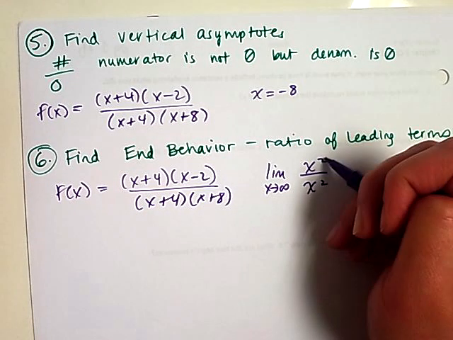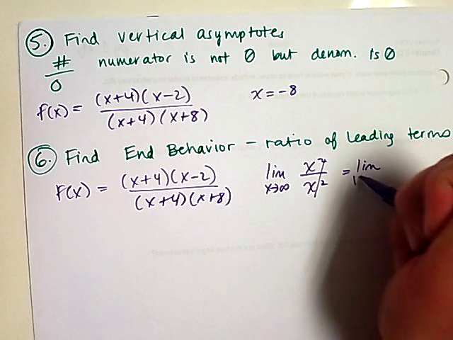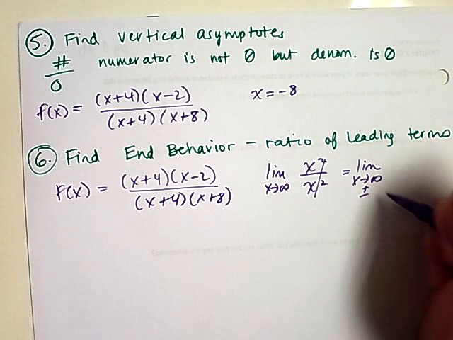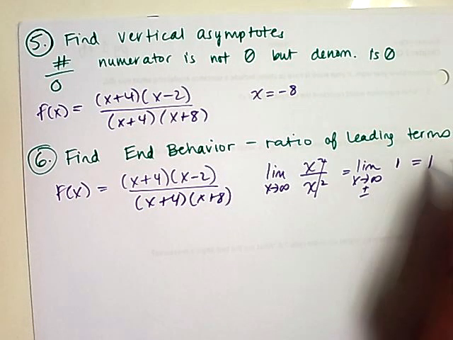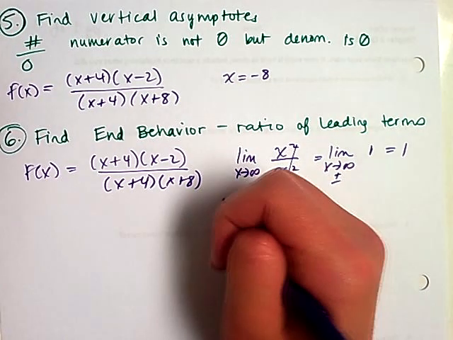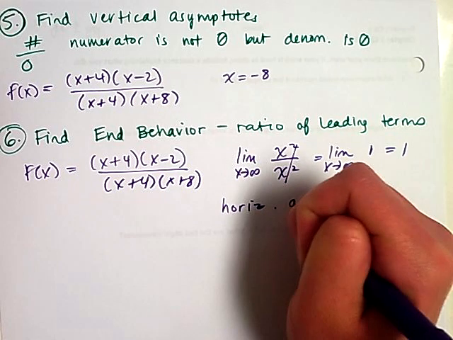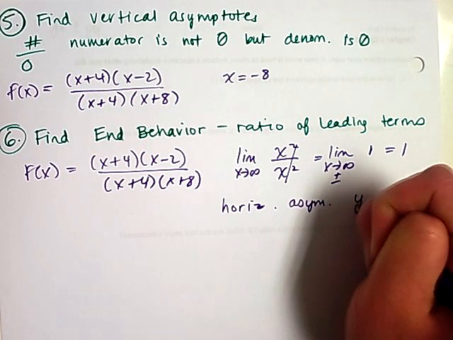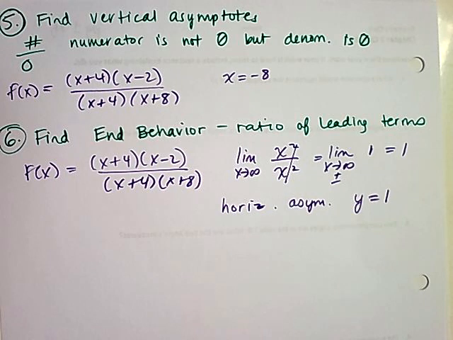Well, everything cancels, right? So it's really just the limit as x goes to infinity, plus or minus really, of 1, which is 1. So the idea of this is telling me that I have a horizontal asymptote at y = 1. And that's my end behavior.